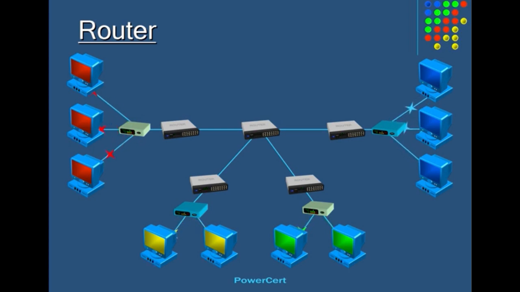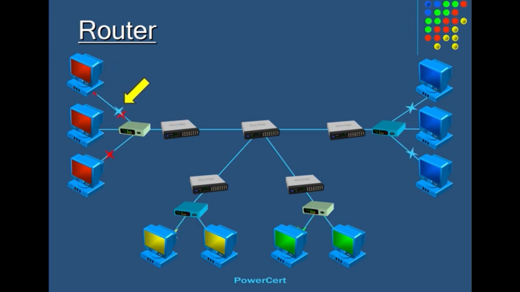Now let us go ahead and exchange data between different networks. So let us say, for example, that this computer here on the red network wants to communicate with a computer here on the blue network. So for this to happen, the data packet has to leave its own network and go out on the internet.